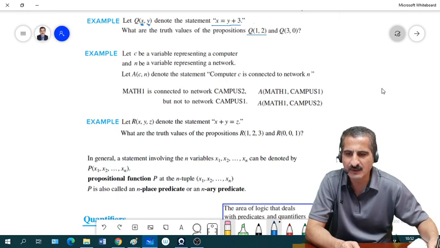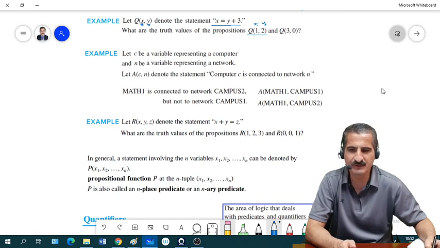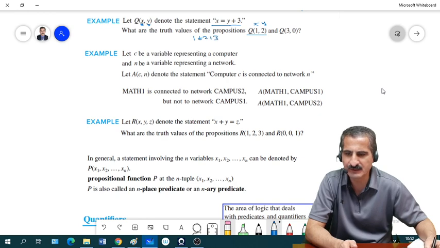Now x here is 1 and y is 2. Do these values of x and y satisfy the statement Q of x, y? Apparently no, because 1 is not equal to 2 plus 3. So the truth value of this statement is false.